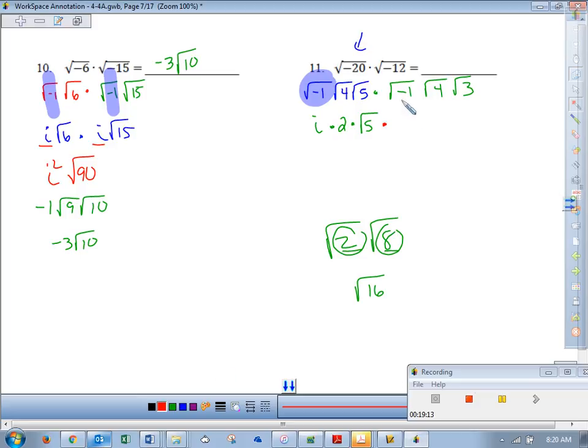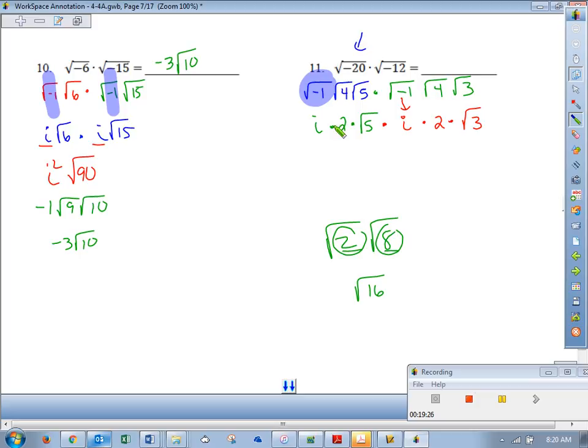Then this guy, how much is he? i times 2 times square root of 3. I want you to also notice that I put a multiplication dot in between all of those, just to realize that they're multiplied together, because it's hard to see when you have a radical and then a number after a radical if that number is supposed to be under the radical or not. I just put dots in between all of them.